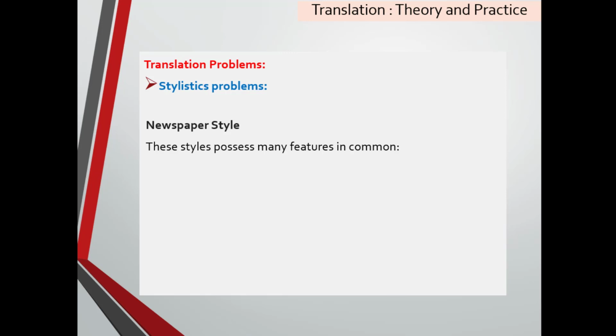News in brief and information articles, let's say newspaper style, should be devoid of emotive and individual coloring. They have to use impersonal passive structures or constructions.